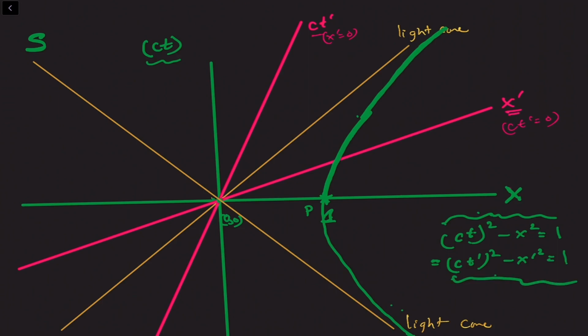Okay, so in particular, along the x prime axis, which is this pink axis over here, since t prime is 0, this point of intersection here, which we will call p prime, would correspond to the point of x prime being 1 unit distance. So this would correspond to the point x prime is 1.